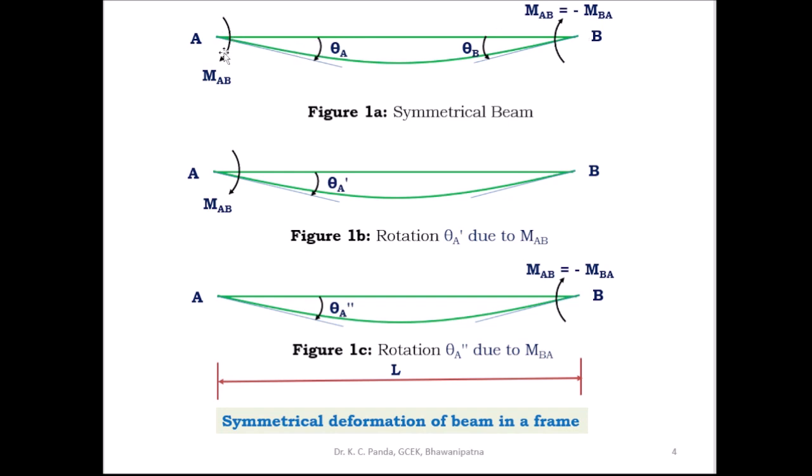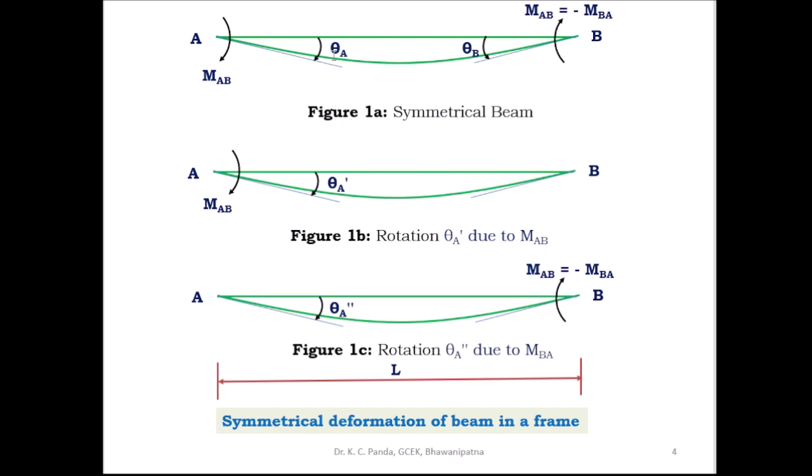Because of the moment MAB, the end rotates by theta A. Similarly, the moment MBA causes rotation theta B at B. Because of symmetry, theta A is equal to theta B. Therefore, the moments MAB and MBA are numerically equal but opposite in sense. So MAB is equal to minus MBA.